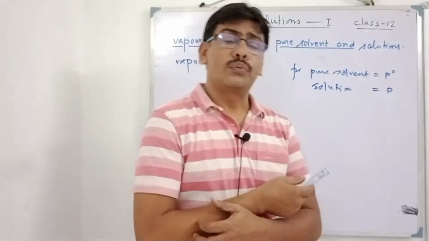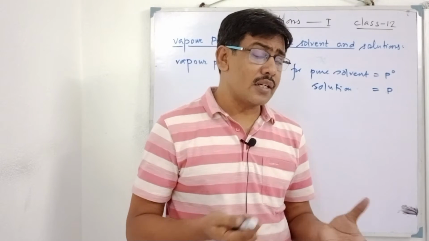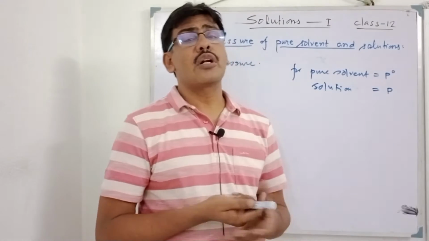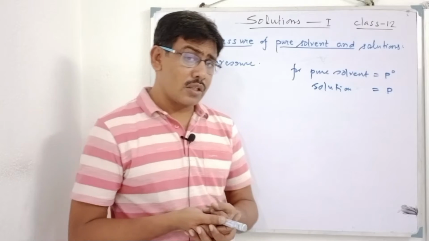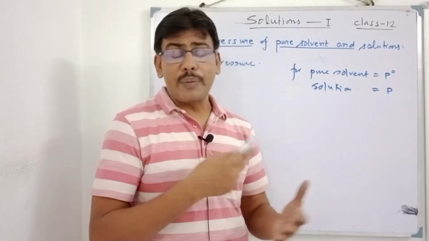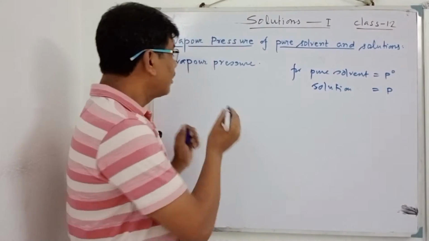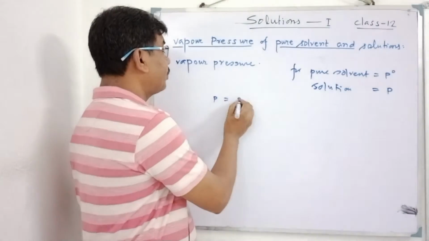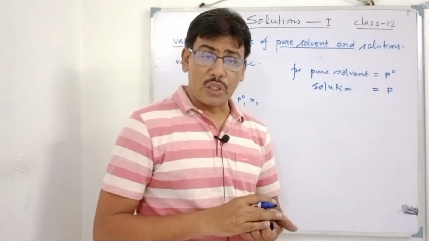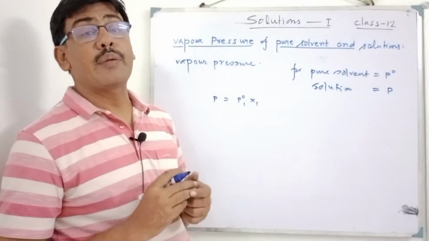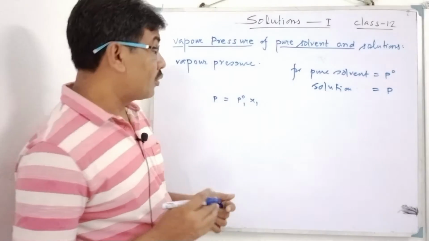And there is a law, Raoult's law, which states that at certain temperature the vapor pressure of a solution is equal to the product of the vapor pressure of pure solvent and the mole fraction of it. That is, P is equal to P naught 1 x1, where P is the vapor pressure of solution and P naught 1 is the vapor pressure of pure solvent, and x1 is the mole fraction of the solvent.